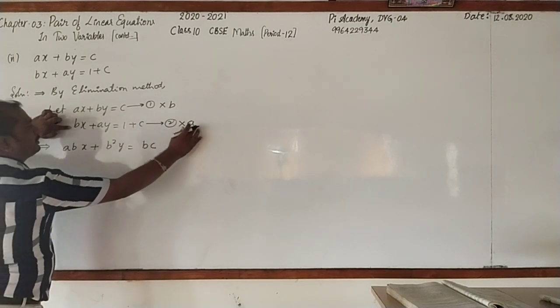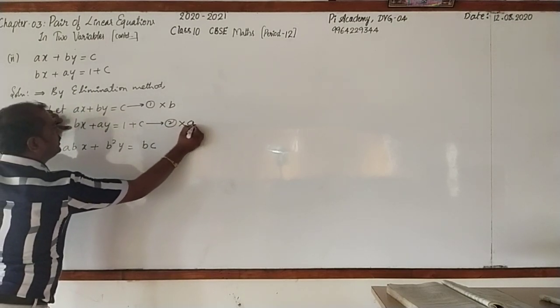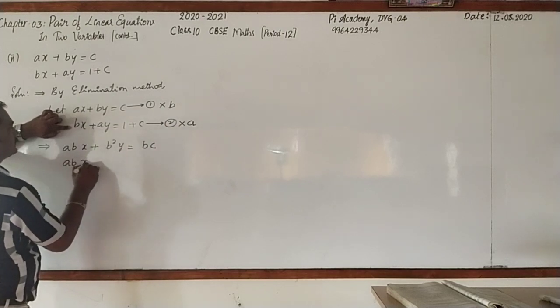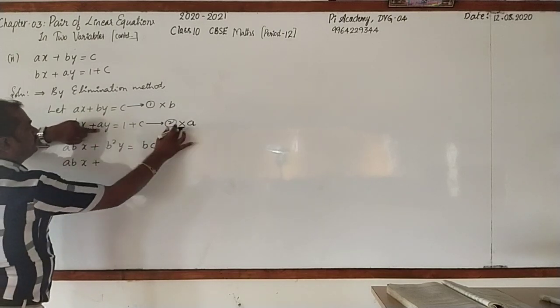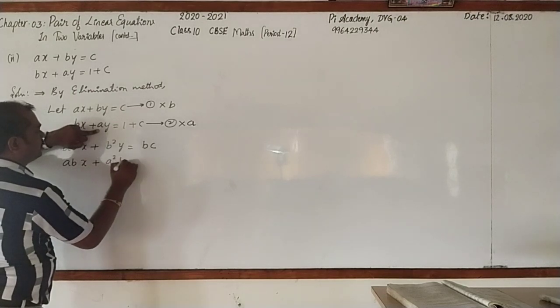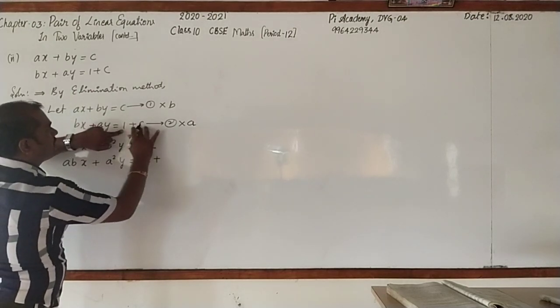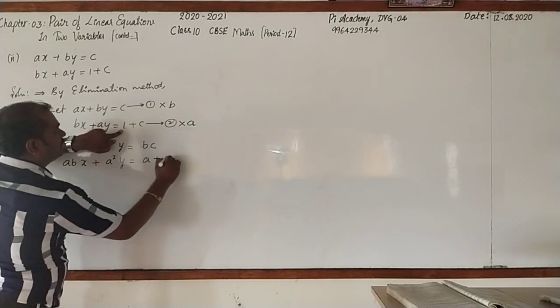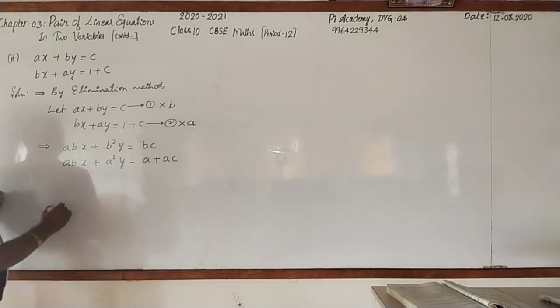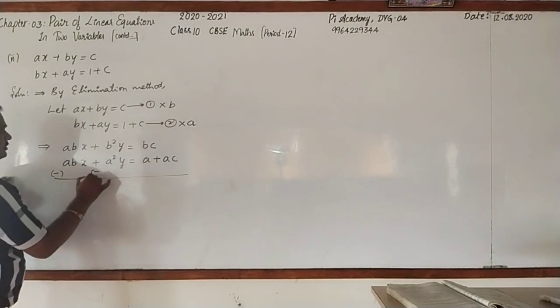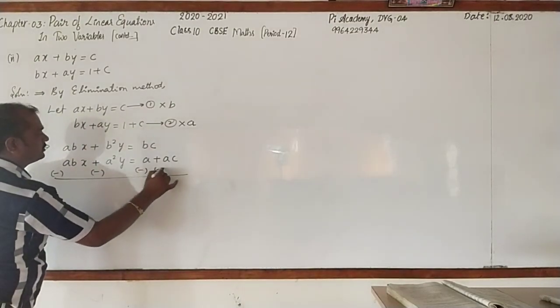Next, multiply second equation by a. B into a, it is ab x plus a into a, this is a square y. Now 1 into a plus 1 into, c into a, it is ac. Change the sign. This is minus, minus, minus, minus.